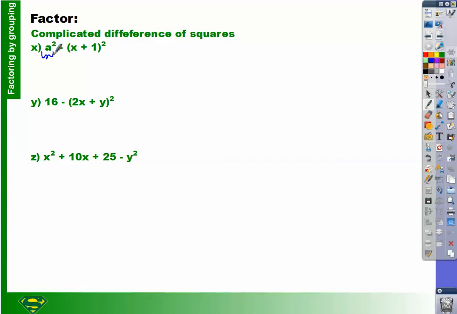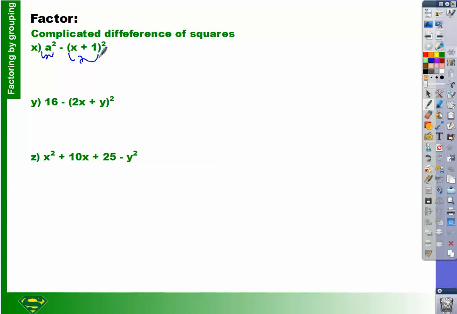And then I also have the quantity x plus 1 squared. So this whole term is also a perfect square. Are we subtracting the two? We are subtracting the two. Therefore, this problem is in fact a difference of squares, even though it is not a simple binomial.